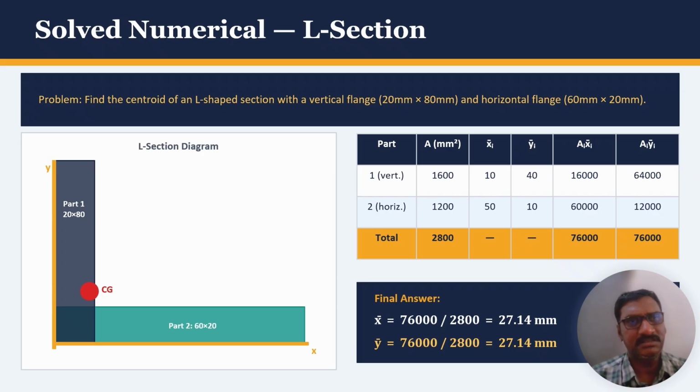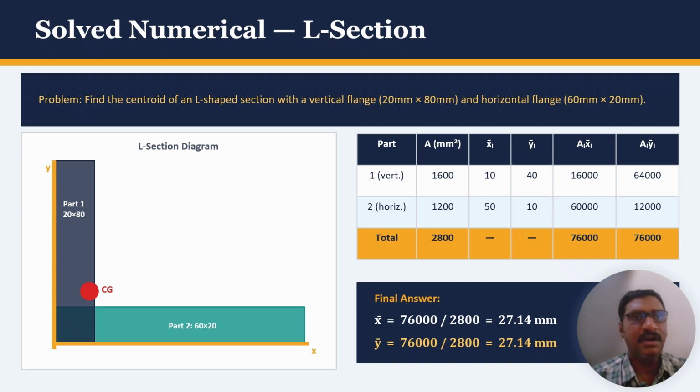Let me re-examine this. The horizontal flange of the L section, does it start from x equals 0? If the vertical flange occupies 0 to 20 mm in x, and the horizontal flange extends from x equals 0 to x equals 60 mm at the bottom, let me examine that.